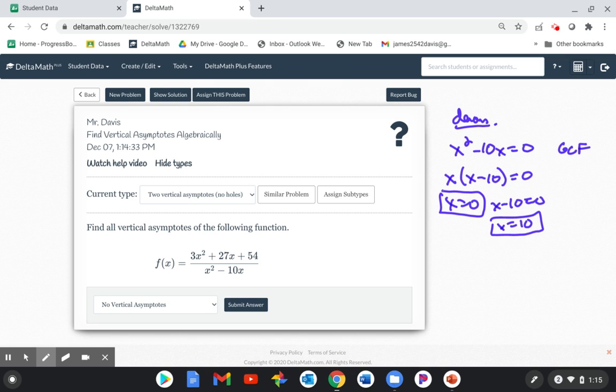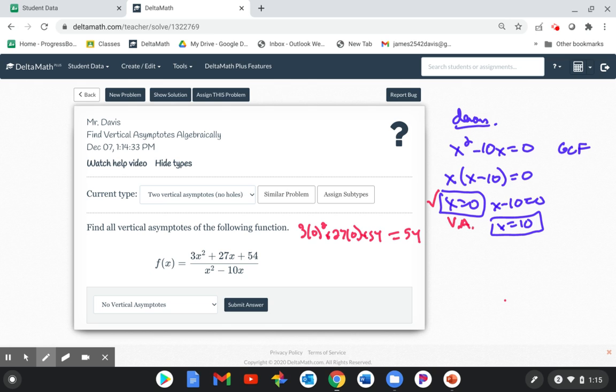Now, like before, the top looks a little bit difficult to factor. So what you could actually do, if you want to, is just plug these 2 into the top. 3 times 0 squared plus 27 times 0 plus 54. I'm going to get 0 plus 54 is 54. So since that's not 0, that means that's good. It's a vertical asymptote.